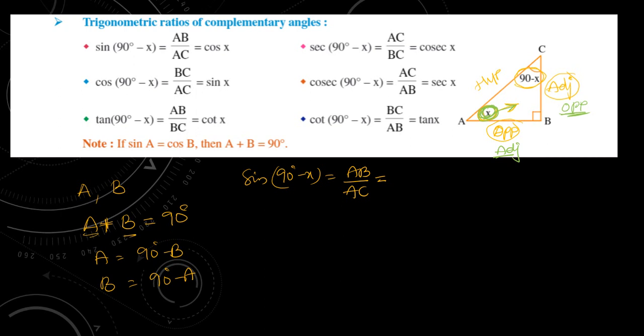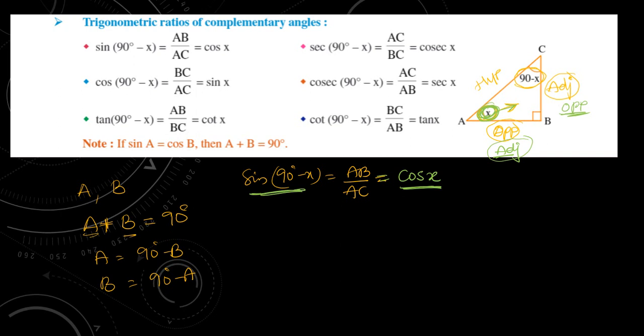Now for this green angle, what is AB by AC? With respect to this angle X, AB is adjacent and AC is hypotenuse. So this AB by AC, I can write as cos x. From this, sin of 90 minus x is equal to cos x.